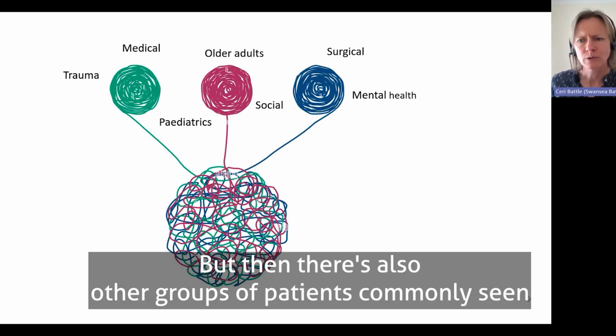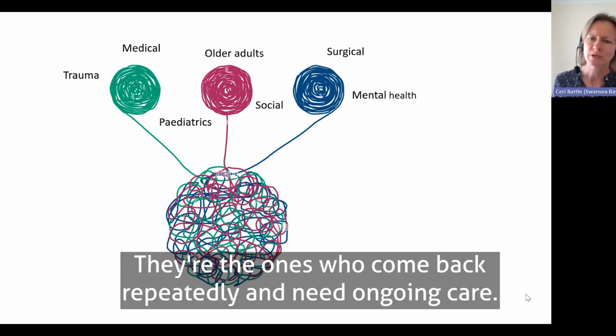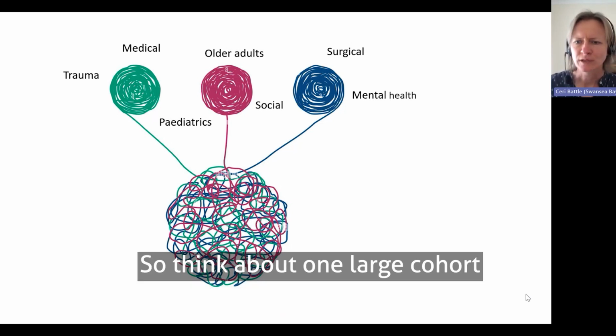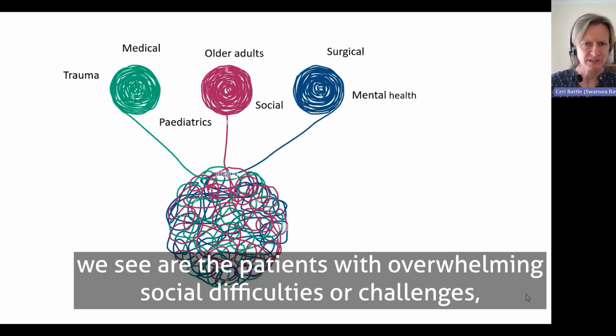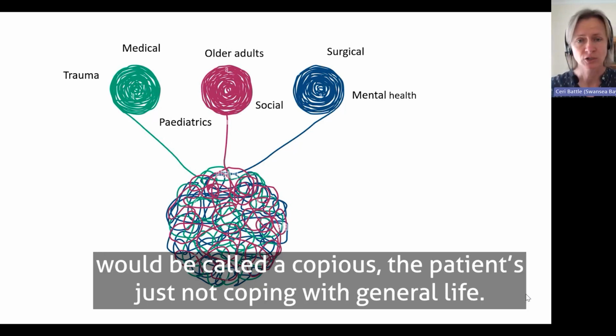But then there's also other groups of patients commonly seen in the emergency setting, and these are quite often the patients we have the most contact with, the ones who come back repeatedly and need ongoing care. One large cohort we see are the patients with overwhelming social difficulties or challenges, and when I first started we used to describe those as the condition being called acopious, where the patient's just not coping with general life.